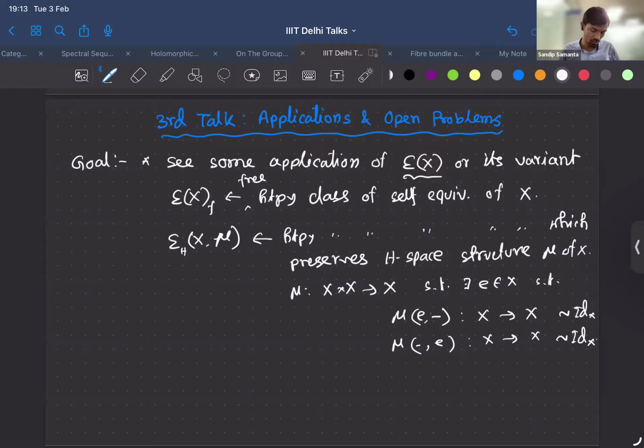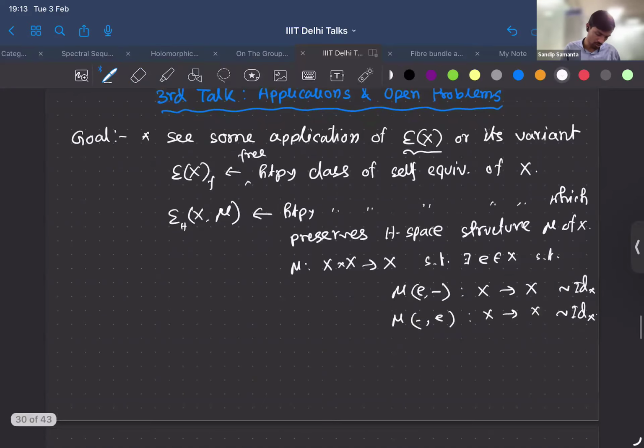There we don't want just any self equivalence, but we also want the equivalence to preserve the structure of the multiplication on the space. So on those spaces, these are important classes of self-homotopy equivalences.